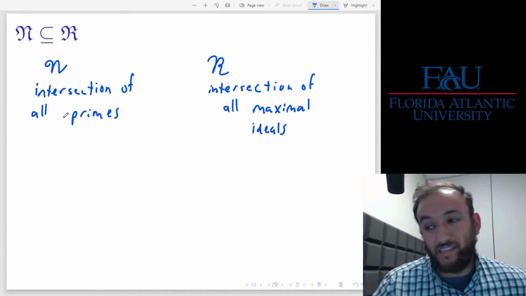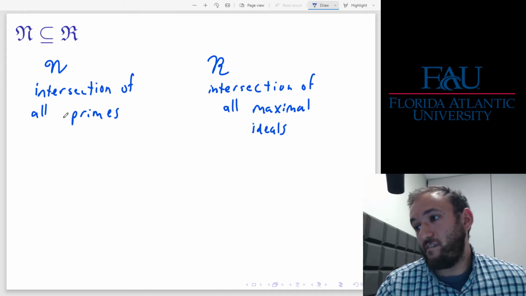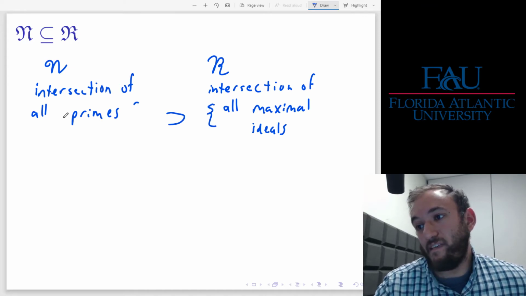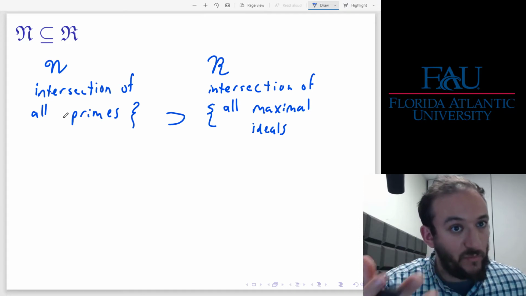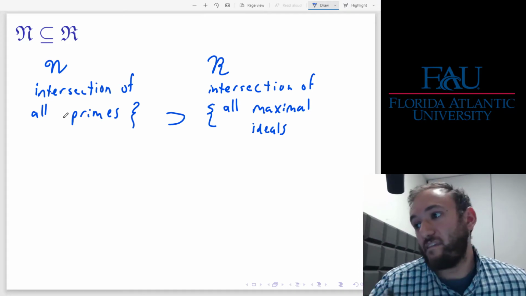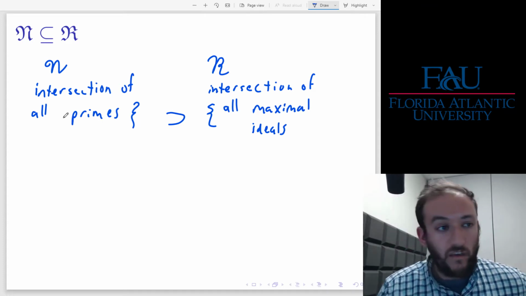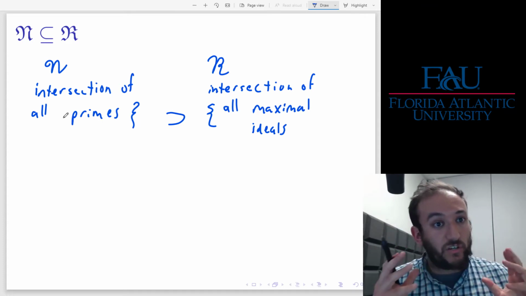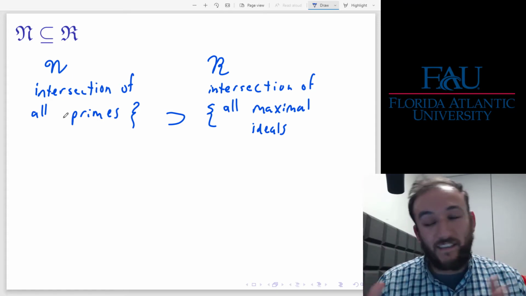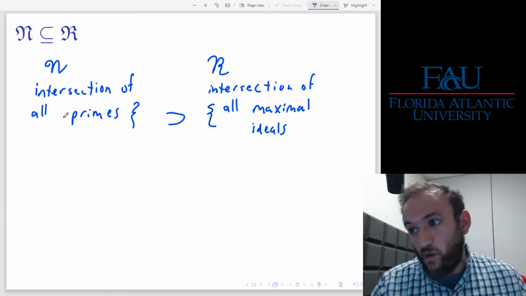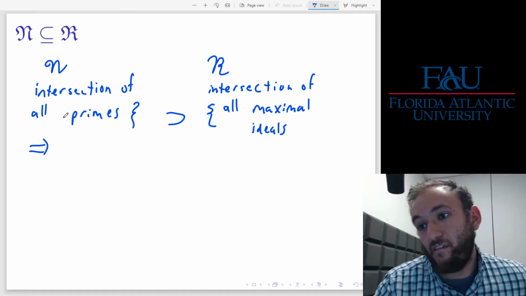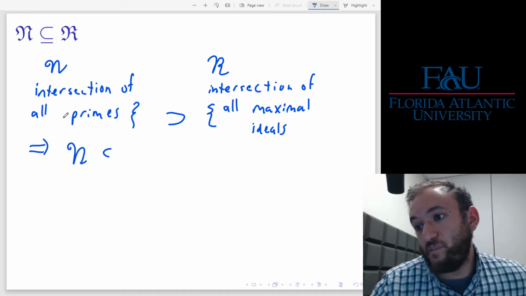The set of maximal ideals is contained in the set of primes. Maximals are primes, but there are more primes besides that. If you carry out an intersection over a larger set of sets, the intersection gets smaller. So N is contained in R.